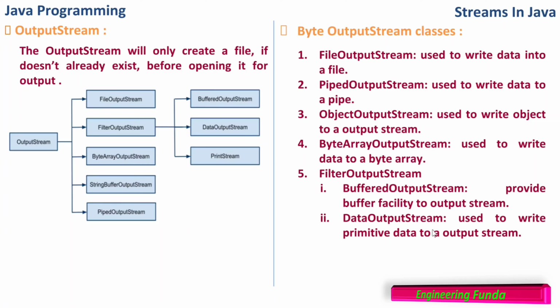Just as with data input stream we read primitive data, here we write primitive data. Then print stream is used to print any data on the output stream. This print stream is majorly useful where you want to give a print instruction to a printer or some device of that sort.